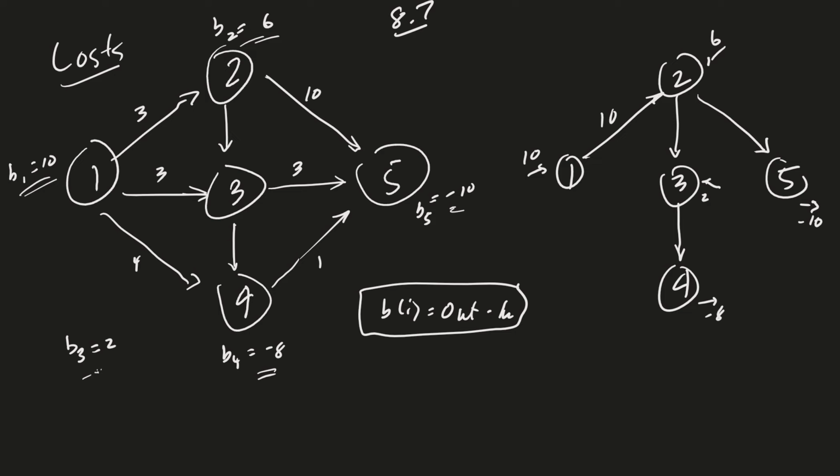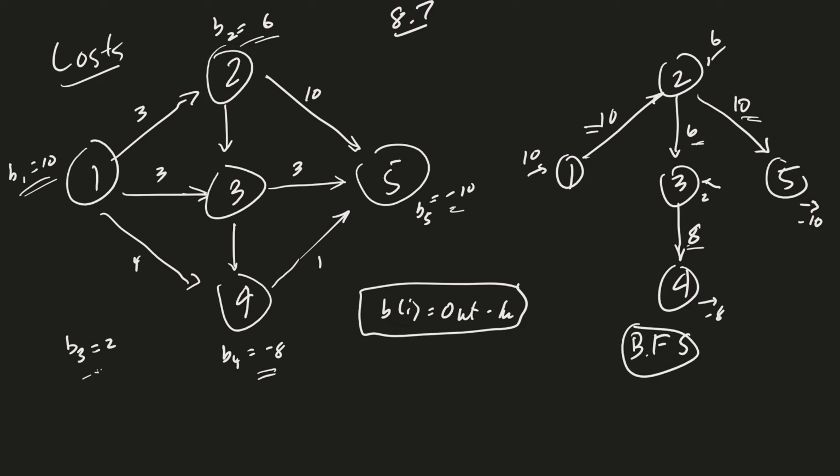So how much do I need here to come out? Let's see, well, I'm going to need 10 here, right? And so that means I've got 6 left over, 6 there. Okay, then 6 and 2 is 8, so that must be 8 down here. And there we go. These flow values are all positive, and therefore this is a BFS.